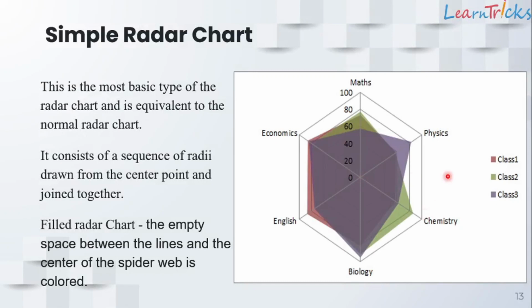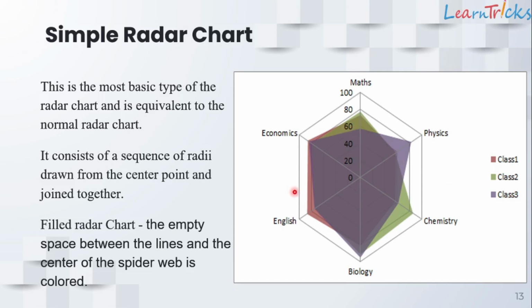In this spider chart, all the axes start from this center point, which is the point 0, and there are lines marked at 20, 40, 60, 80 and 100. Now this is a radar chart for 3 classes, class 1, class 2 and class 3.